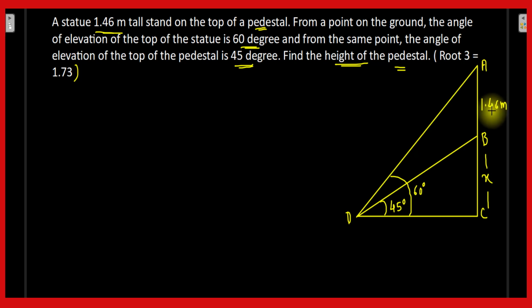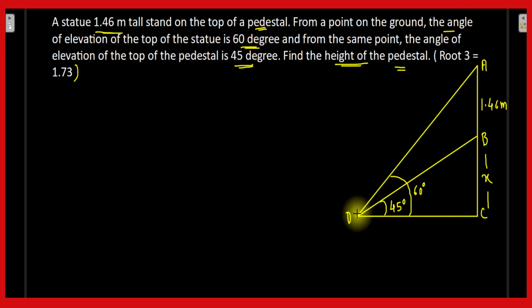And it is said that from a point on the ground in a line with the foot of the pedestal, that is point C, the angle of elevation of the top of the statue, that is point A, is 60 degree.